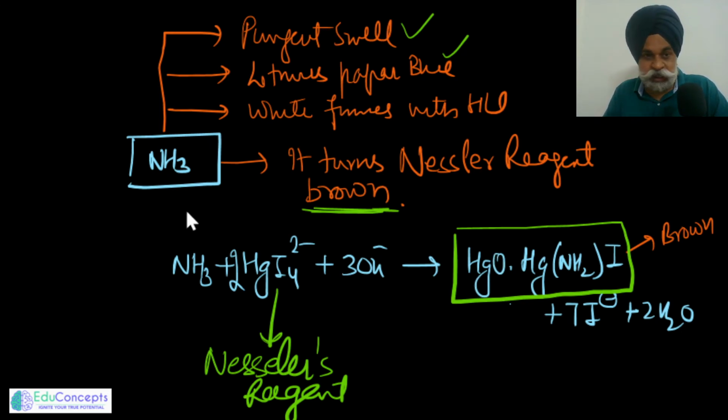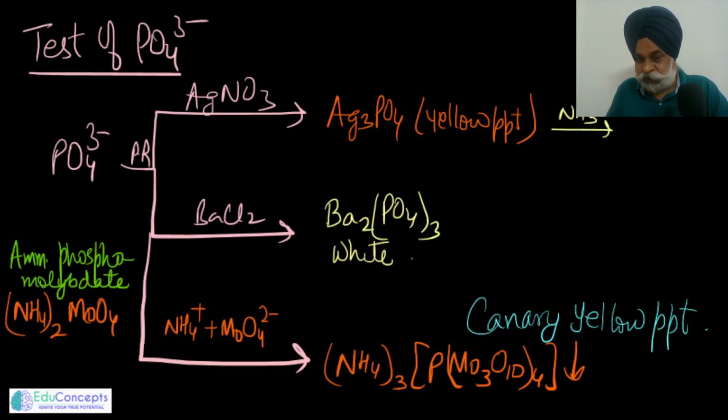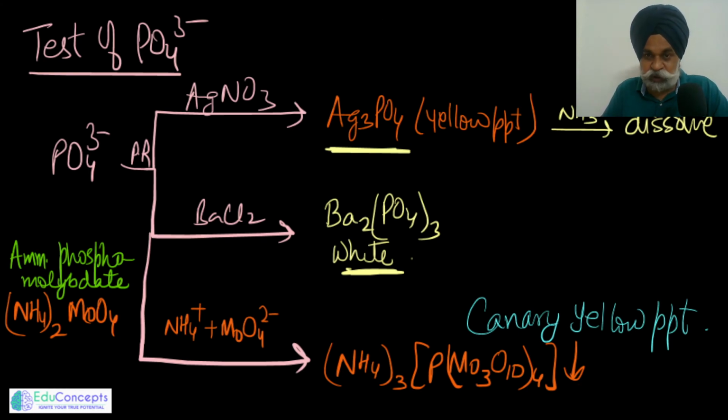Now coming to the last but two, the phosphate ion. The phosphate ion is majorly identified by precipitation only. In precipitation, one is AgNO3, where it gives a yellow precipitate, or barium chloride, which gives a white precipitate. These are the two things, and in ammonia it dissolves. As I have said a number of times, all the salts of silver are soluble in ammonia except AgI and Ag2S.